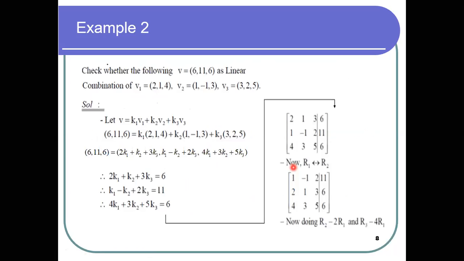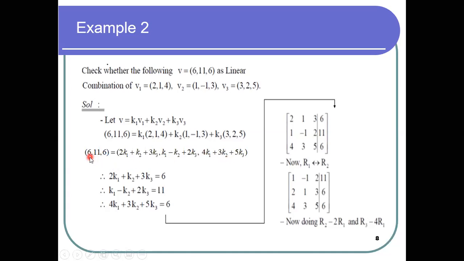Let us take another example: we have this vector V, and we ask whether it can be written as a linear combination of these three vectors or not. Let V be K1 V1 plus K2 V2 plus K3 V3. Then we put in all these vectors and multiply each ordered triplet with K, and the corresponding x component is added in x, y component in y, and z component in z.